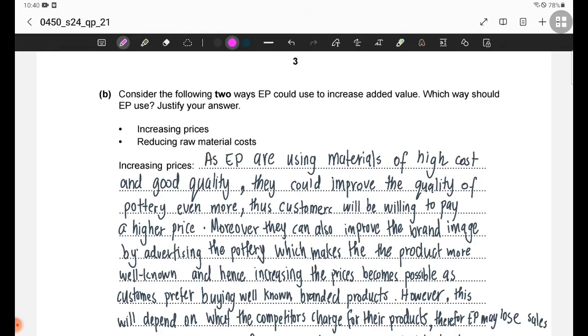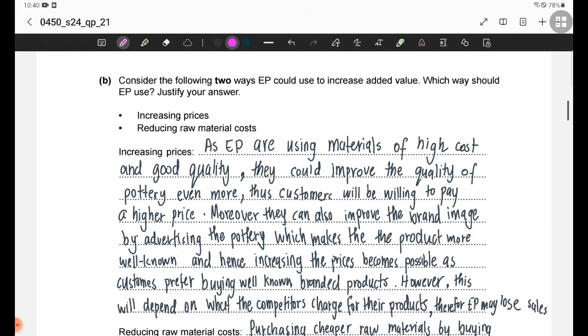The first way is to increase their prices, the second is to reduce their raw material costs. When explaining each one, try to link it as much as possible to the case study, and by that it means you have to apply.